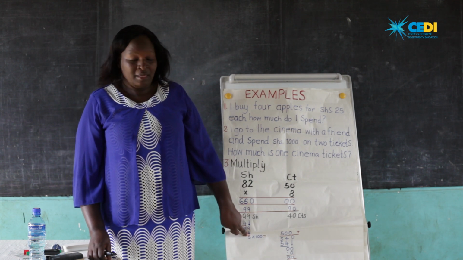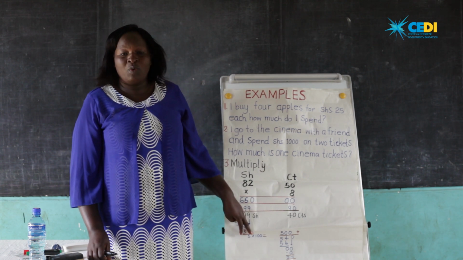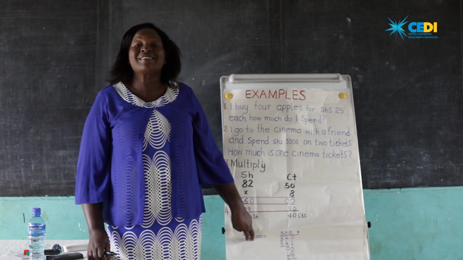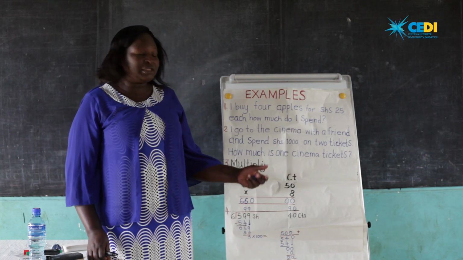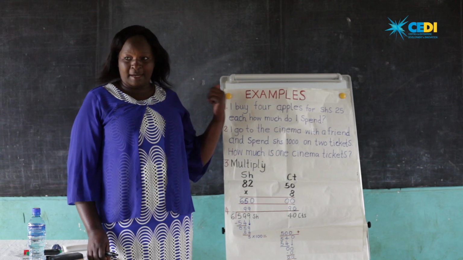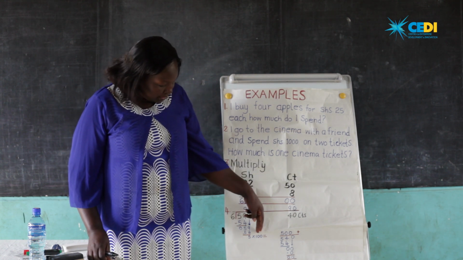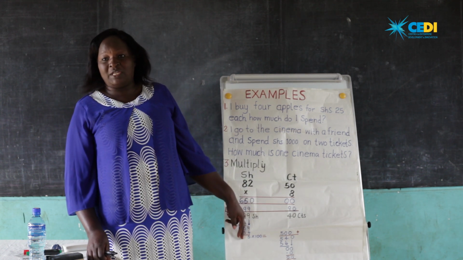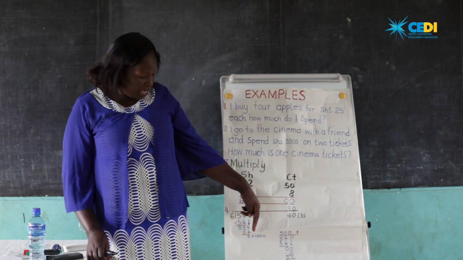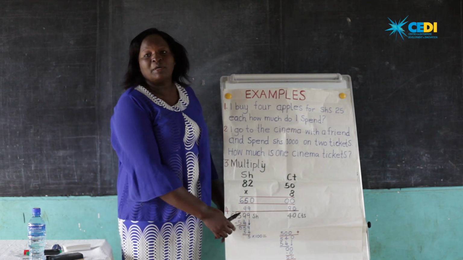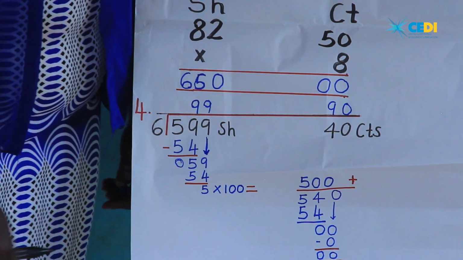shillings. The 5 shillings, we will have to change into cents. Remember what I told you when you were carrying. So this time round, we have to change the 5 shillings into cents. And that is the reason why we are multiplying by 100.